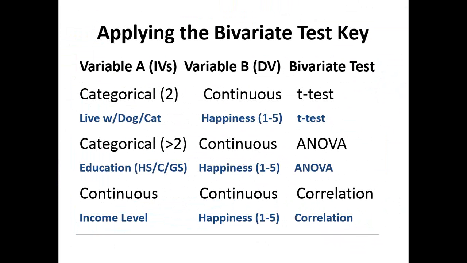If it's categorical with more than 2 categories, like education is, high school, college, and graduate school, paired up with a continuous variable, it's the ANOVA, the one-way ANOVA we'll use. And if it's 2 continuous variables, like income level and happiness, you would use the correlation. So there's a little guide here.